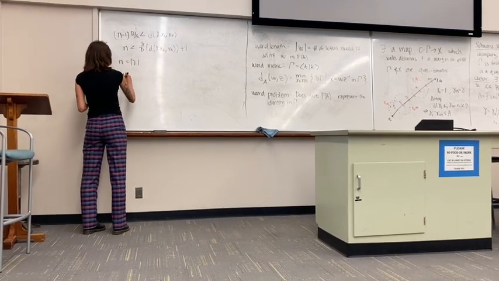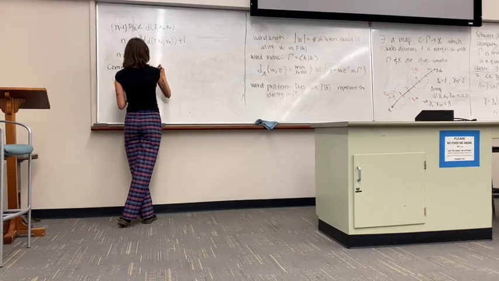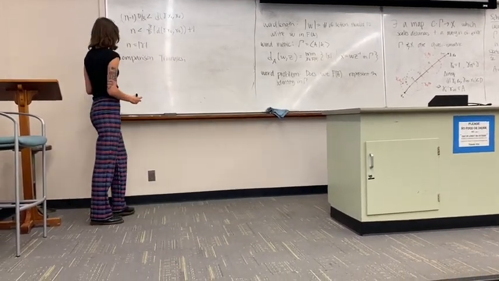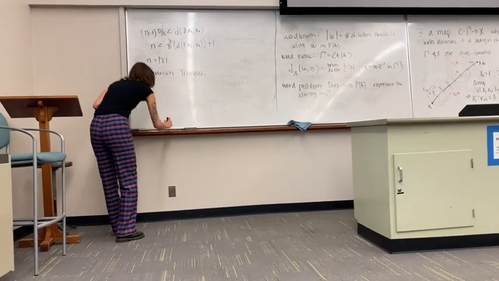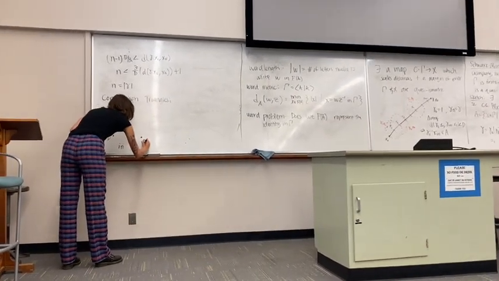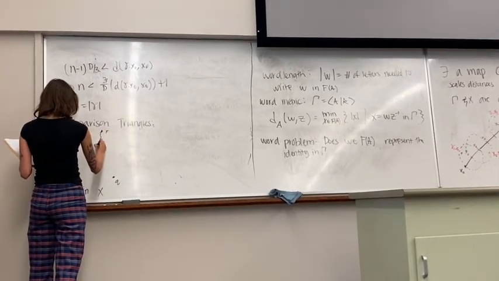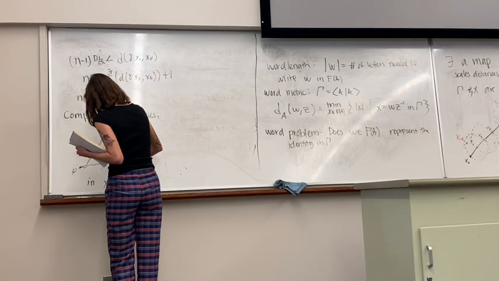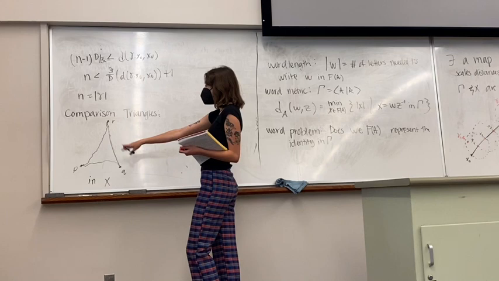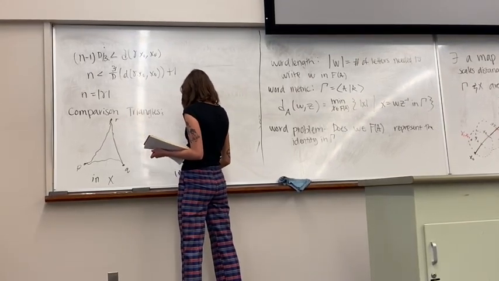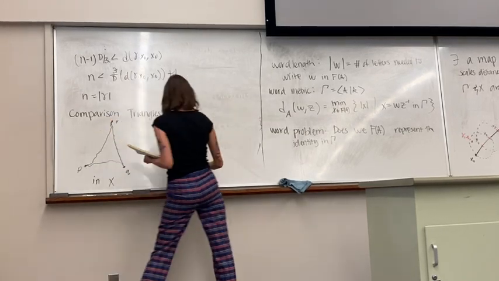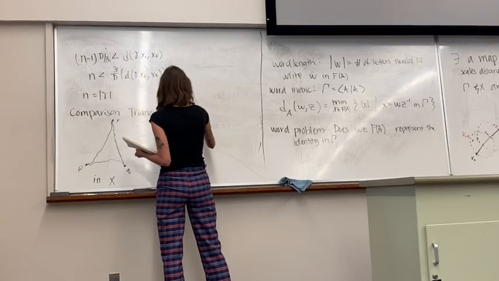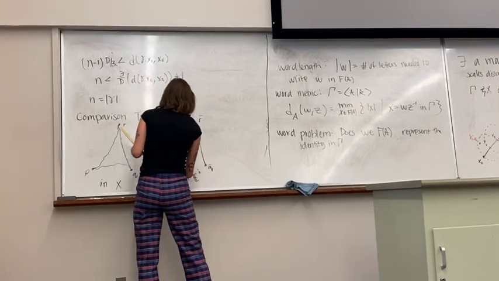And so we do this using what are called comparison triangles. If we have a triangle in our geodesic space X, a triangle with vertices P, Q, and R, then a comparison triangle for this PQR triangle would be a triangle in the Euclidean plane with points P bar, Q bar, and R bar, where the distance from P to R is the same as the distance from P bar to R bar, same with this distance, and same with this final side.